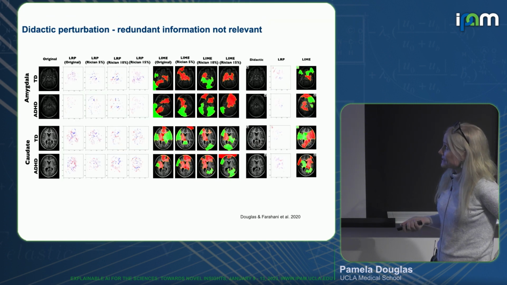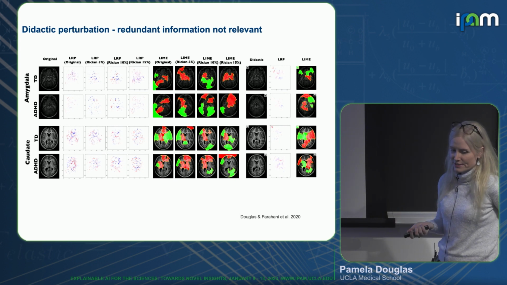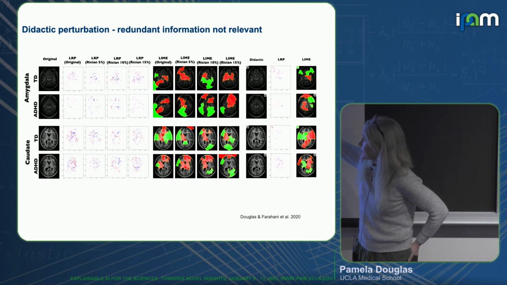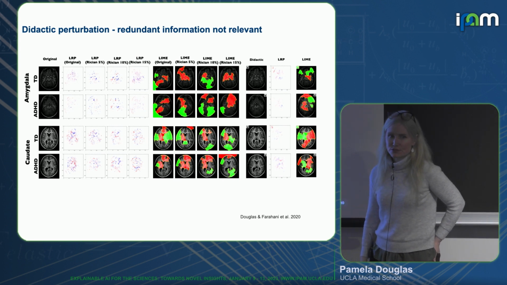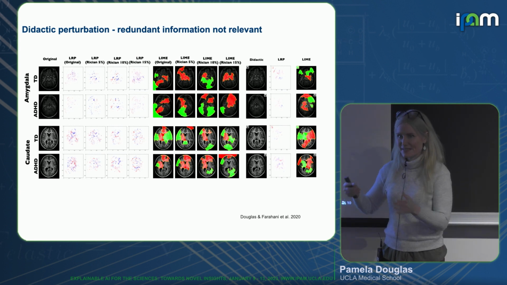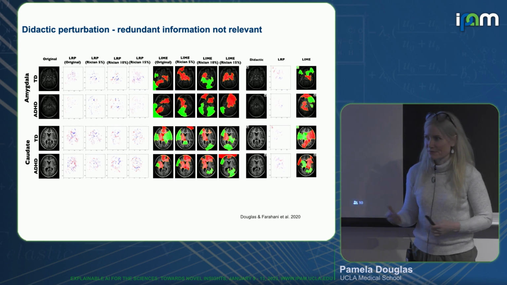Just testing here two different methods, layer-wise relevance propagation and LIME, we found that, in fact, the panda was missed the vast majority of the time. Oftentimes these models would just pick one of the pandas because it was redundant information.